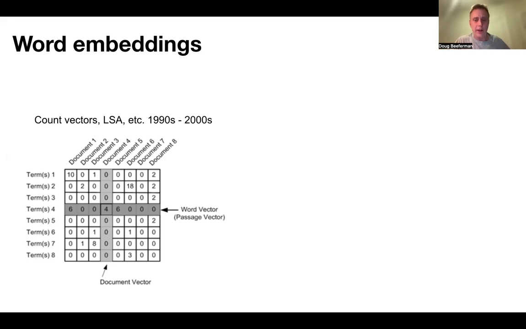The classical way of computing word vectors was term document count matrices, where I take every document in my training corpus and count the number of times each word occurs, and then do some linear algebra to reduce the dimensionality so that each word maps to some smaller number of dimensions than the number of documents.